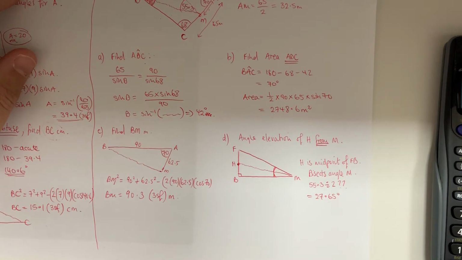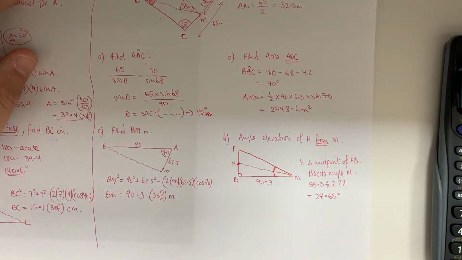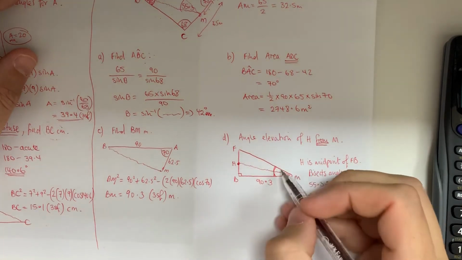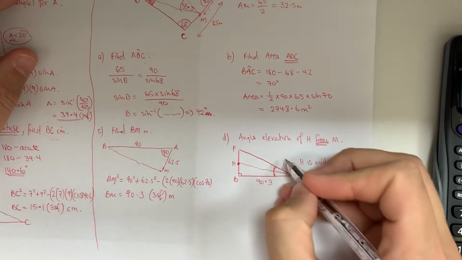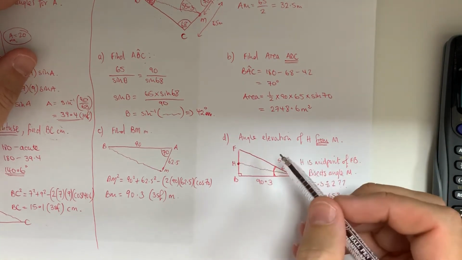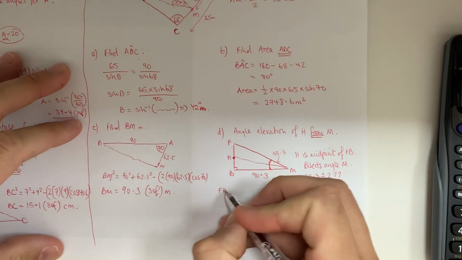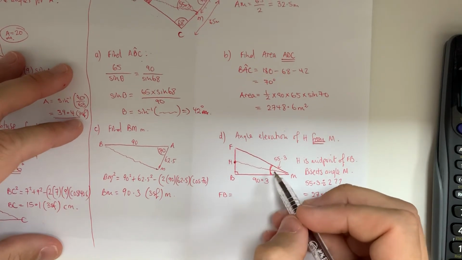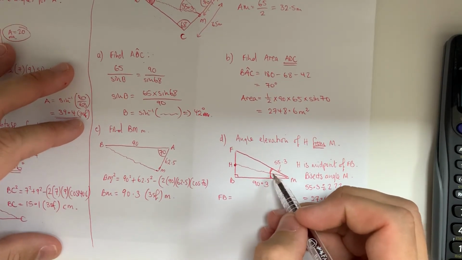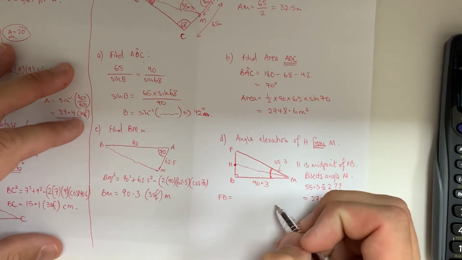Now, I could try and go about it the long way and try and prove it, because I know BM is 90.3. I know this whole angle is 55.3, so I could find the height of FB. So let's just do that. FB is equal to, well, it would be opposite and adjacent, so it would be tan 55.3.